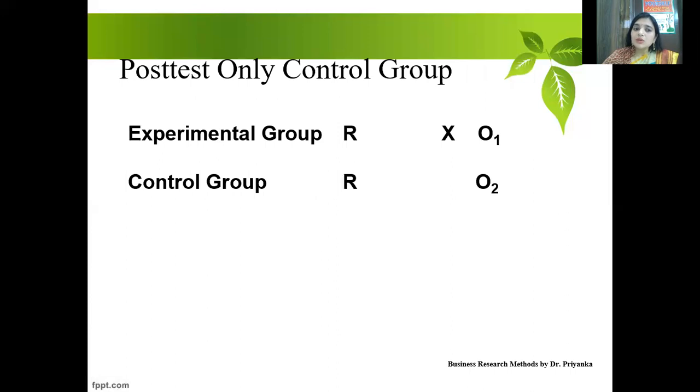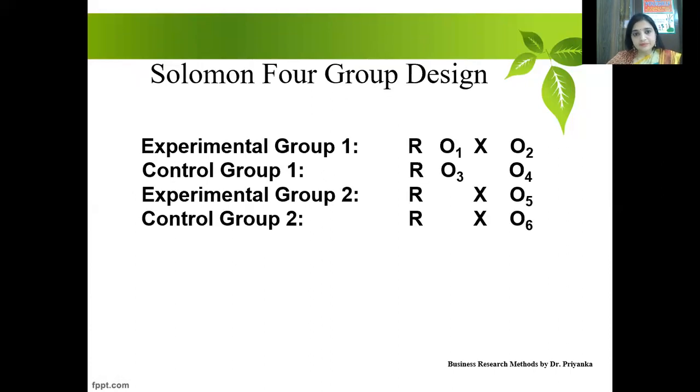Then in the post-test only group design, again the experimental group and control group are there. In the quasi design we just had one group, and here we have two groups. We will be taking observations of both of them, and then by subtracting the experimental group observation from the control group, we can find out the difference.